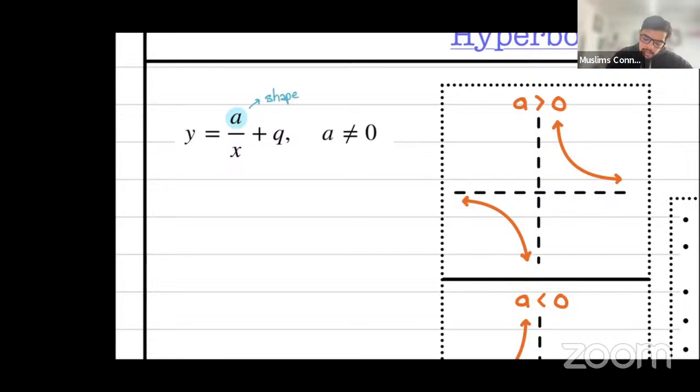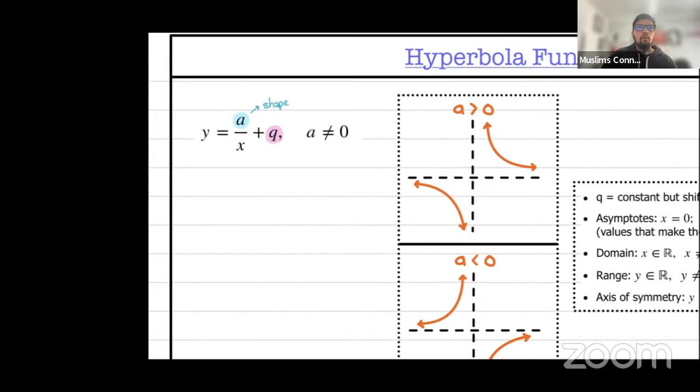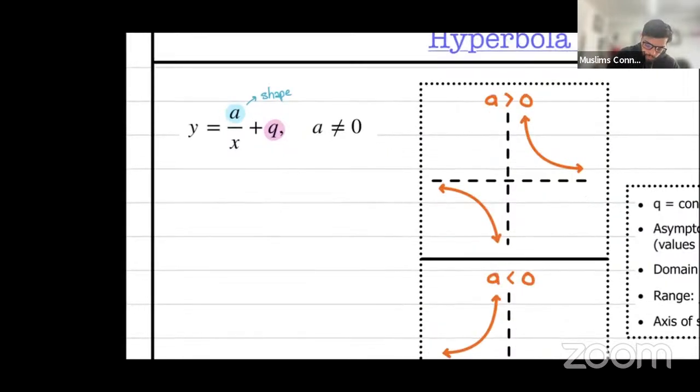In this case, what is q? Q is something new. We haven't learned about it before, but q is an asymptote.